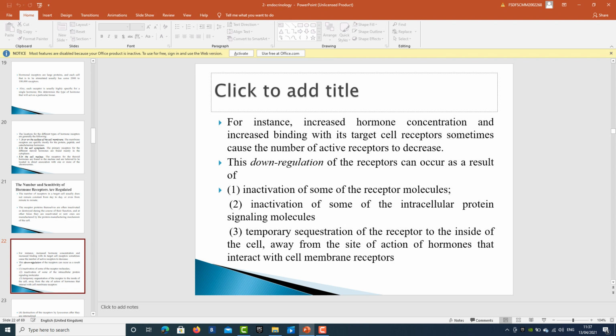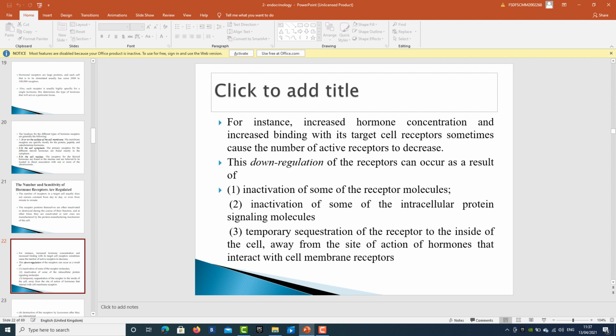For instance, increased hormone concentration and increased binding with its target cell receptors sometimes cause the number of active receptors to decrease. This downregulation can occur as a result of inactivation of some of the receptor molecules, inactivation of some of the intracellular protein signaling molecules, or temporary sequestration of the receptor to the inside of the cell, making the site of action away from interaction with the cell membrane.